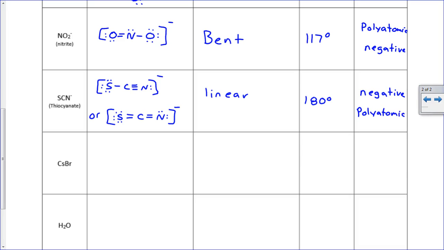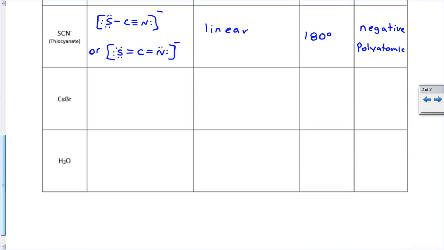Okay. CsBr, this is cesium bromide. It's an ionic substance, so the cesium is going to give its electron to the bromine. What that results in the end is this bromine has an extra electron, so it has a negative charge. The cesium has no electrons on it, so it's a positive charge.